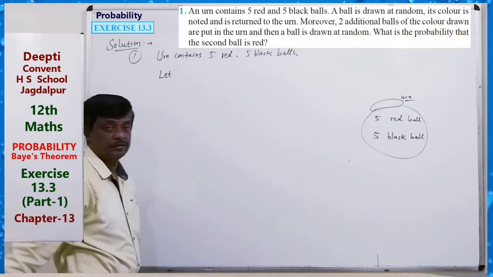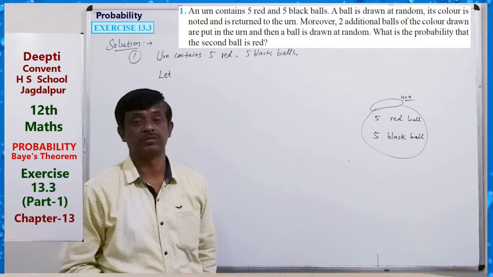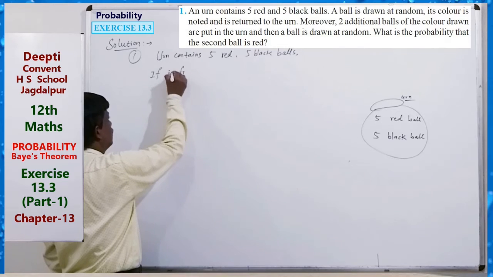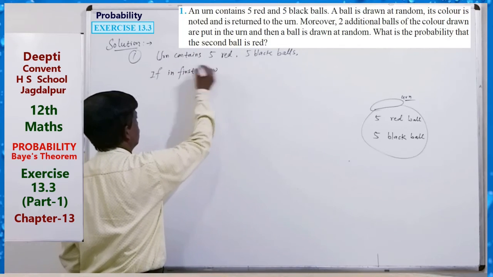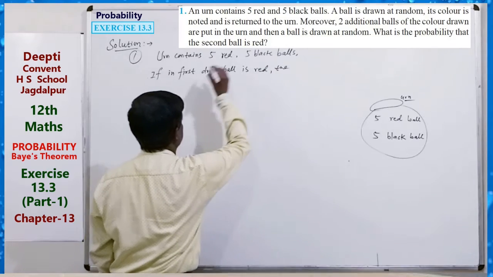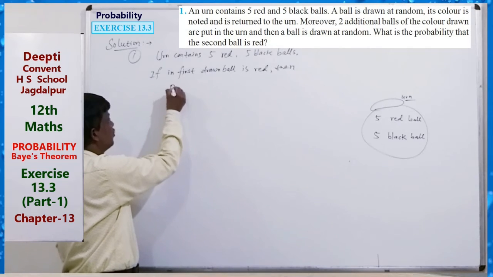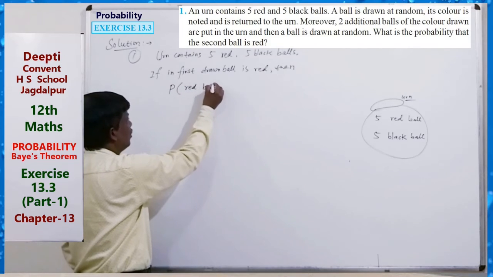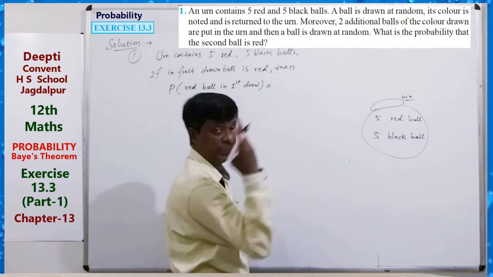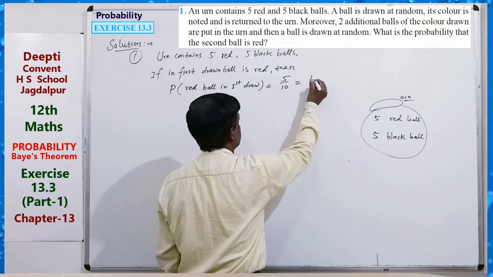Let in the first draw, the drawn ball be red. If the first drawn ball is red, then the probability of a red ball in the first draw is 5 by 10, equal to 1 by 2.